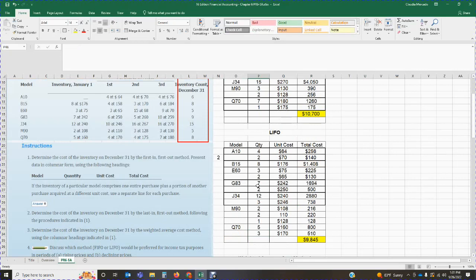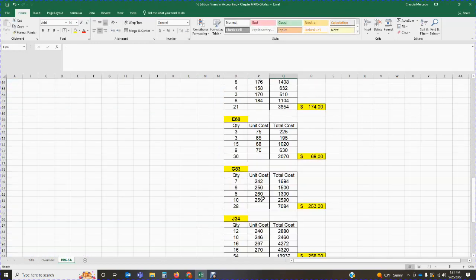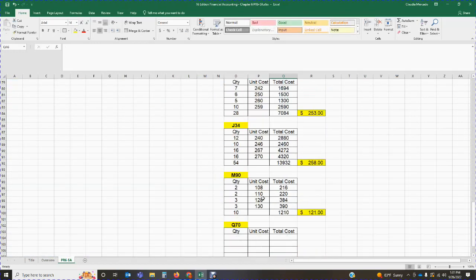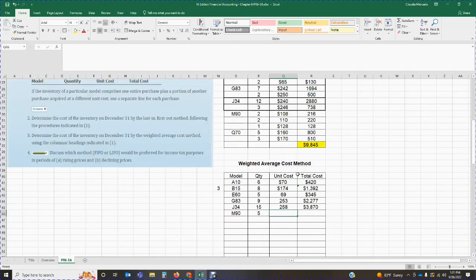So for M90, remember, we have 5 units remaining. My unit cost is going to be $121, and then you multiply the unit cost times the quantity.